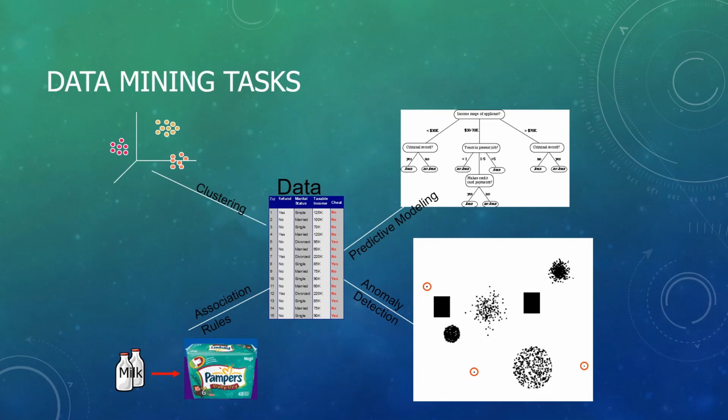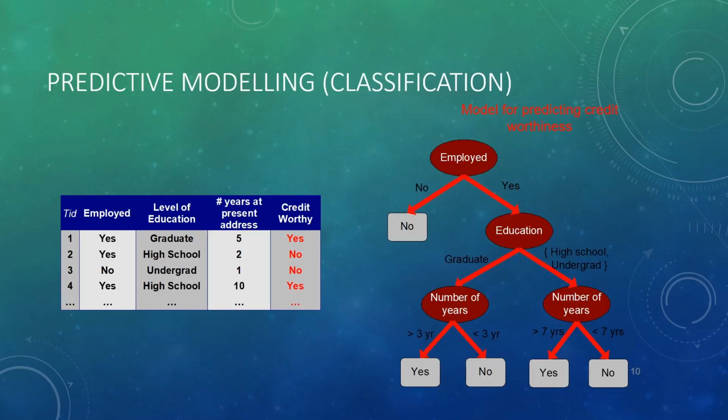There are many types of operations or tasks that we may intend to do in data mining. For example, we have predictive modeling. We're going also to talk about clustering, association rules, and anomaly detection. So what do we do in a prediction task?